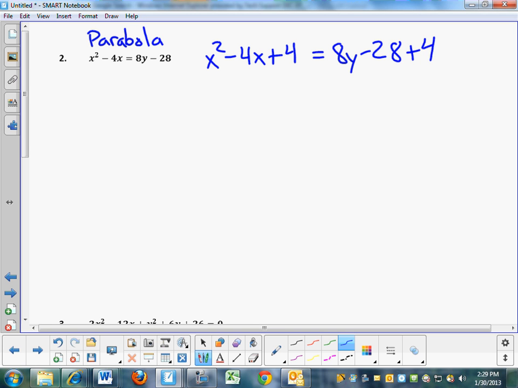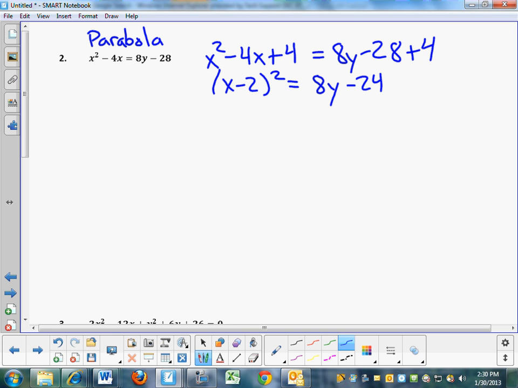Now, they're not all necessarily going to be right in that form. You decide where and how you want to complete the square. Okay. The left side is going to become x minus 2 quantity squared equals 8y minus 24, right?